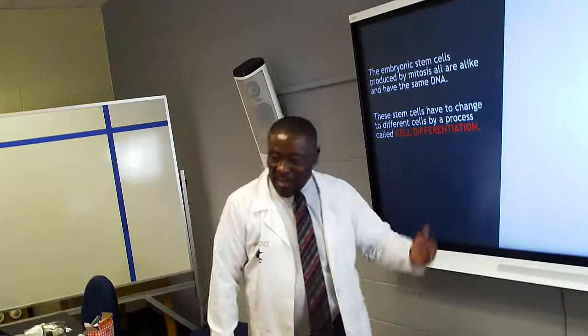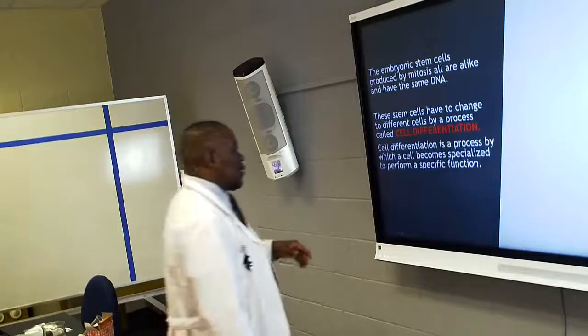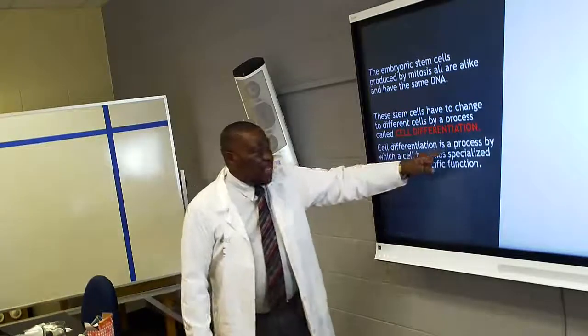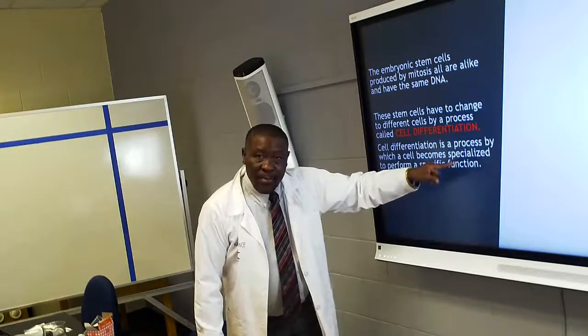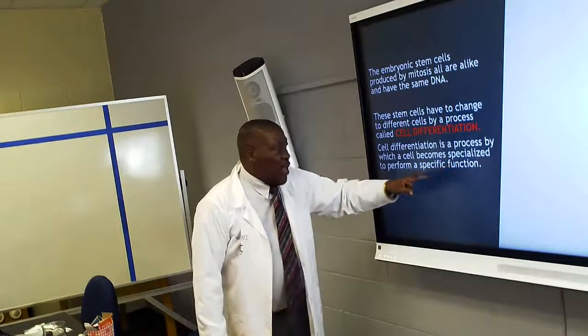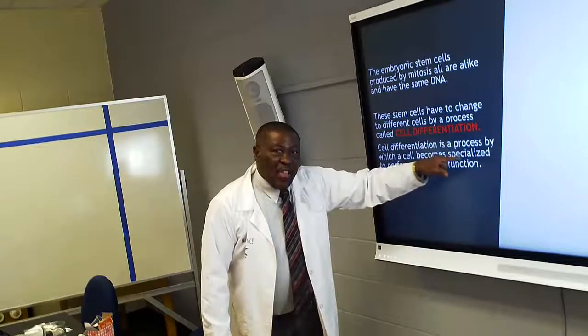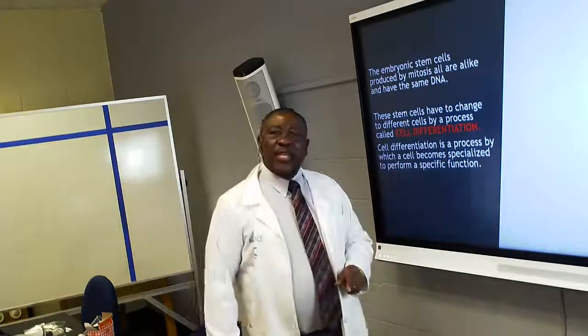So what is the benefit of cell differentiation? It produces cell specialization. So cell differentiation is a process by which a cell becomes specialized. It becomes special. Okay, what do we mean by specialized? They perform a specific job.